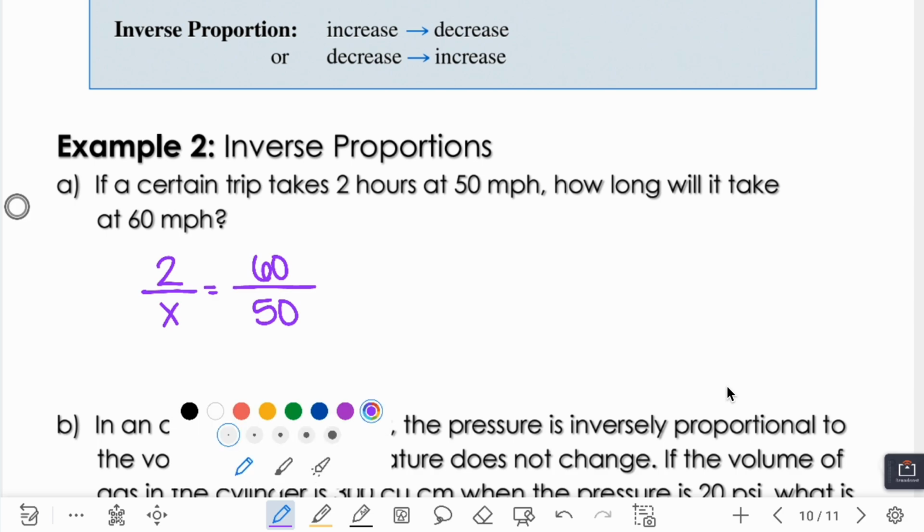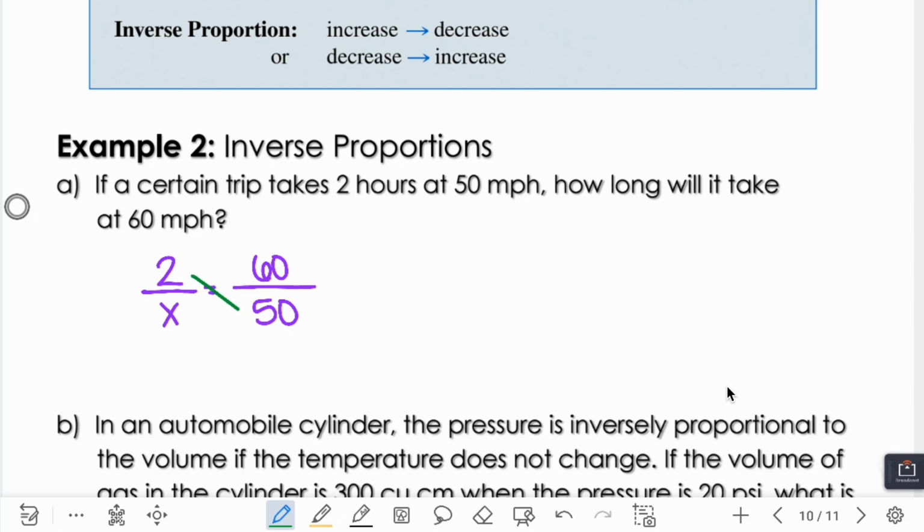It's an inverse. So now when we multiply, we have 2 times 50, which is 100, and x times 60, which is 60x. Then we're going to divide. When I divide by 60, I'm going to get a repeating decimal in my calculator. So I'm going to get 1 2/3, or about 1.67.